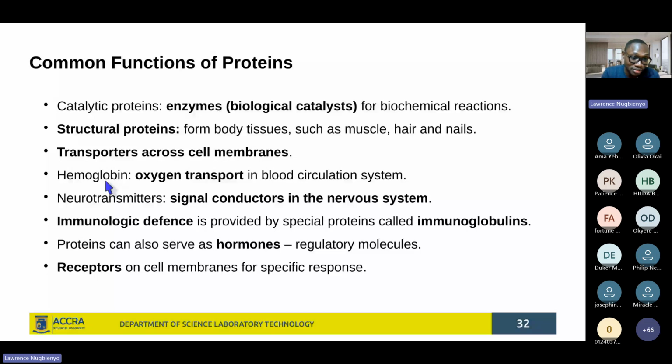So you see how very interesting biochemistry can be. So you should like it. You should love it. A lot of it is about what is occurring inside you. So it's something which you should love.